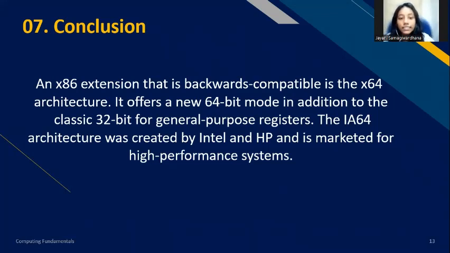Now we are coming to our presentation's last item, conclusion. x86-64 is an extension that is backwards compatible with x86. It offers a new 64-bit mode in addition to the classic 32-bit mode that is comparable to x86. The existing general purpose registers from x86 are expanded to 64 bits, and 8 new 64-bit registers are added by x86-64.